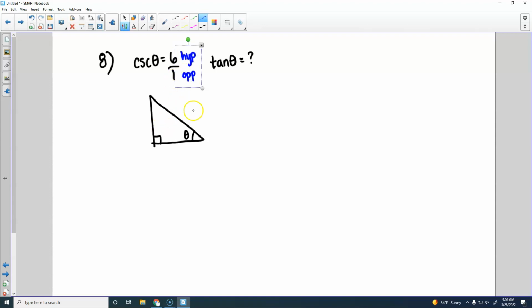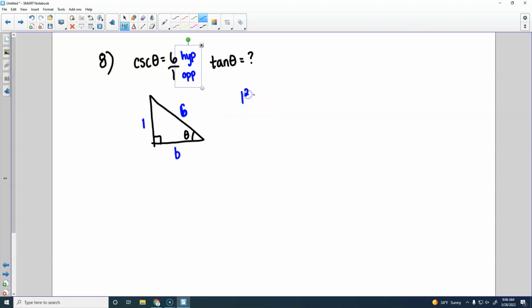So we'll put that 1 there for the opposite side, even though it's not there. So that means on this triangle, hypotenuse will be 6. Opposite side over here will be 1. And so we are looking for this missing side right here, which I'm going to call b.